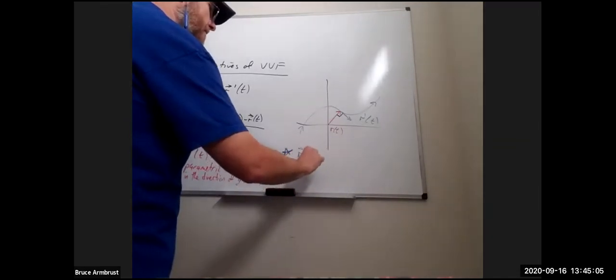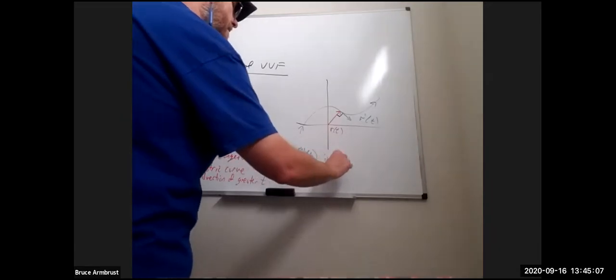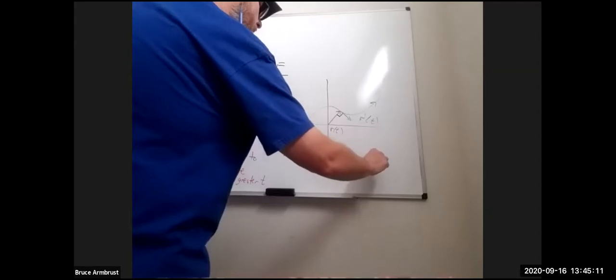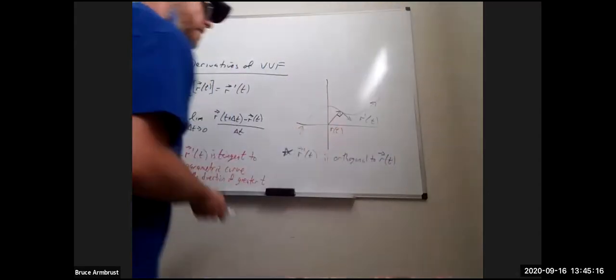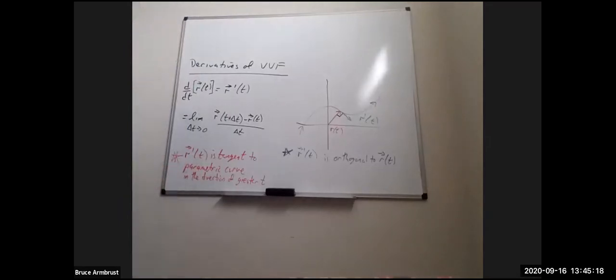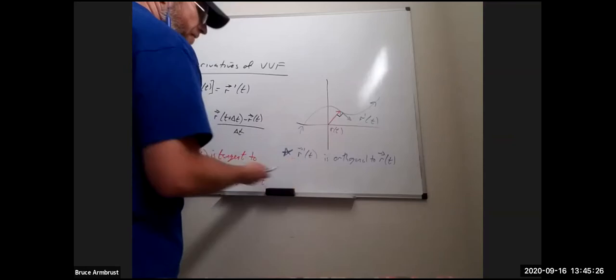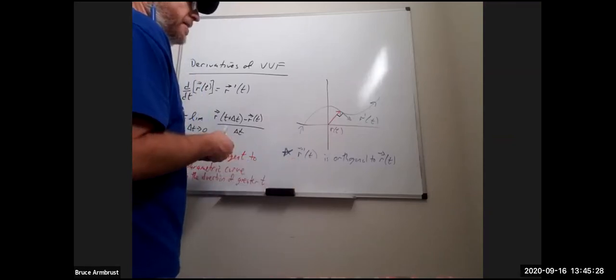And so what we know is that r prime of t is orthogonal to r of t.